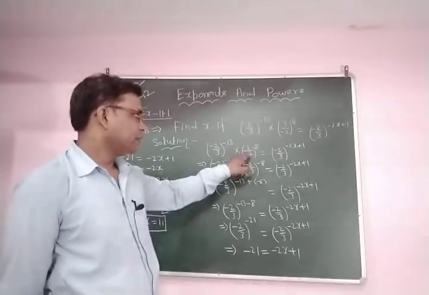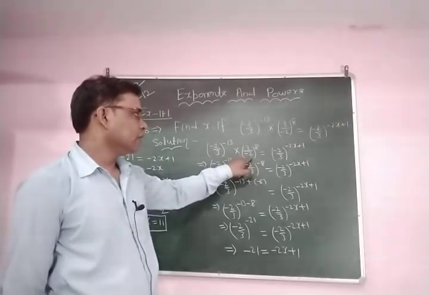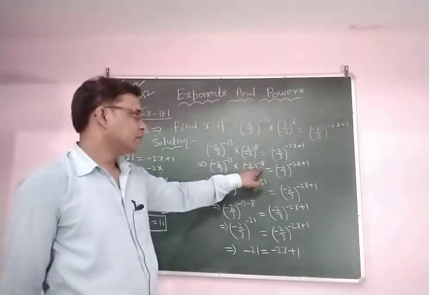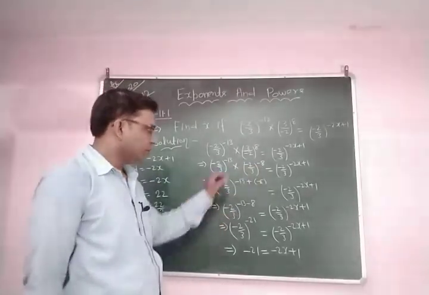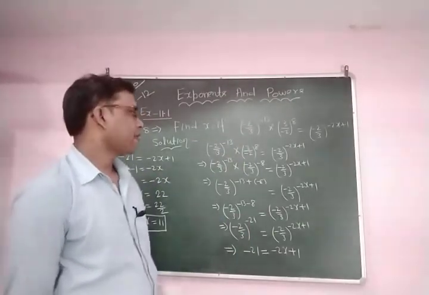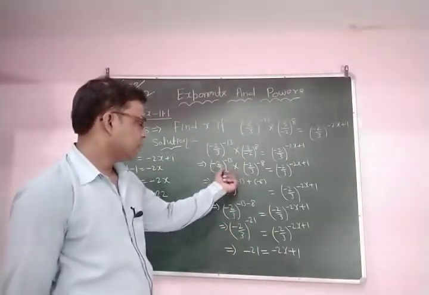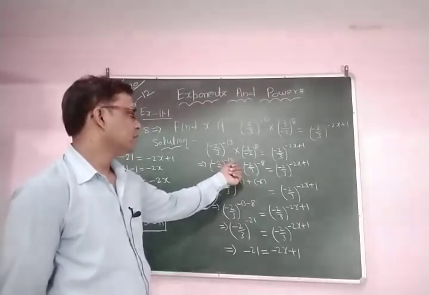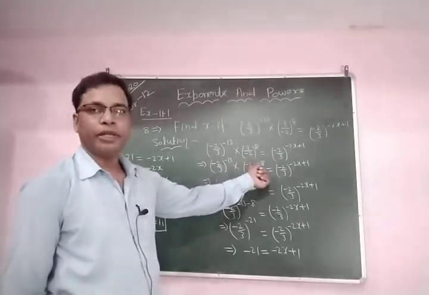So first we convert, write its reciprocal, then it will become -8. So when you write its reciprocal, then the power will be minus. This is clear? We obtain here the same base (-2/3), (-2/3), and the powers are -13 and -8.